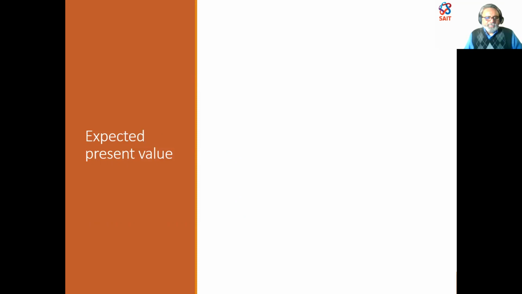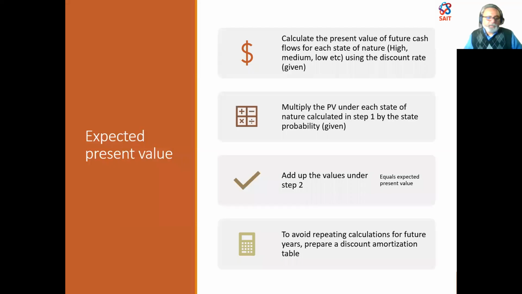When you are dealing with probabilities, in order to do math, we have to resort to some calculations. And one such calculation is expected present value or expected value. Expected value is where you take the probabilities and weight the expected cash flows.